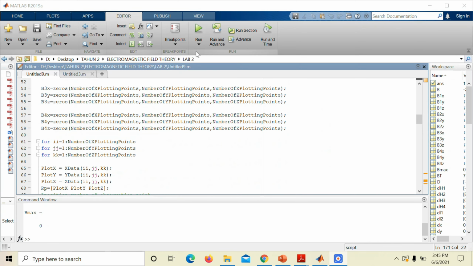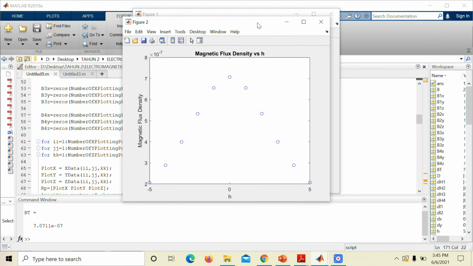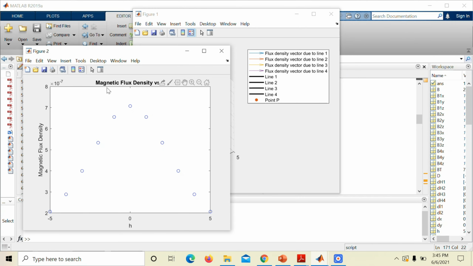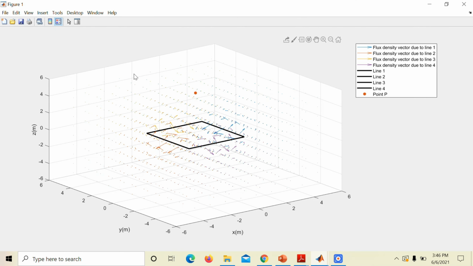And then we just run this simulation and we will get the graph of the magnetic flux density versus H. From this graph we will get the output for the three-dimensional views.